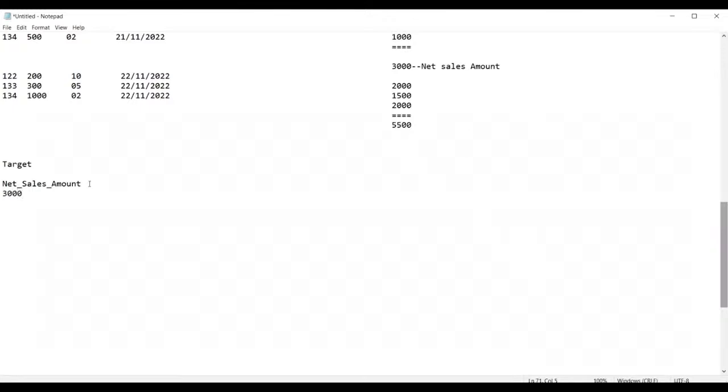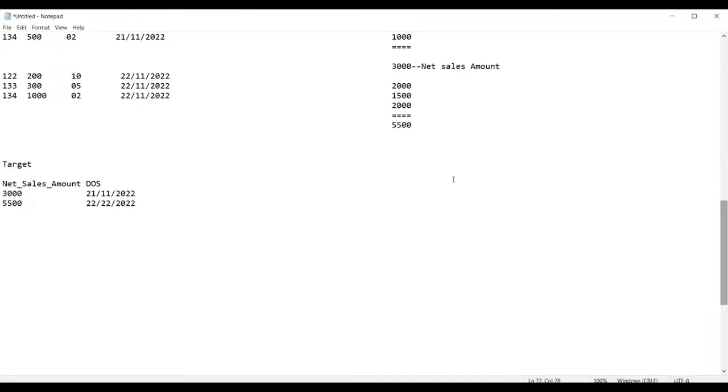Now for which date is it? I'm declaring one more column here, that is date of sales: 21/11/2022. And then we have 5500, and it is on 22/11/2022.